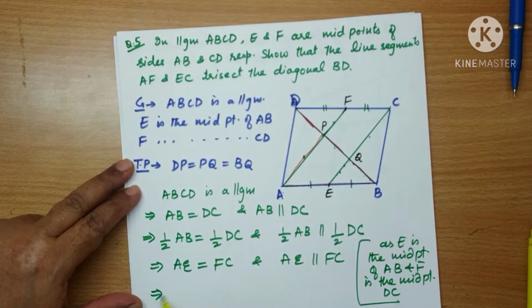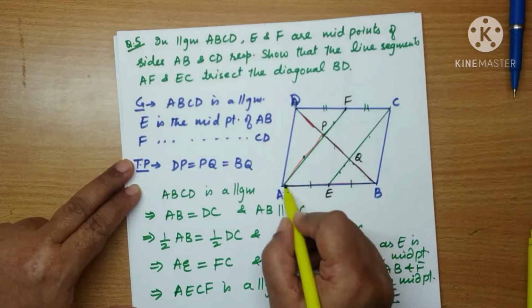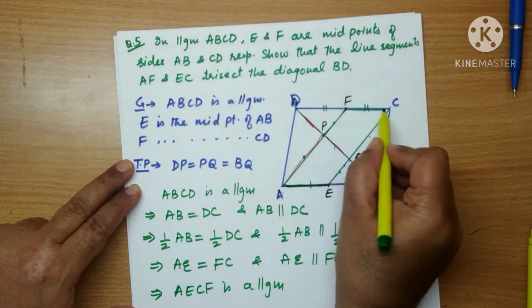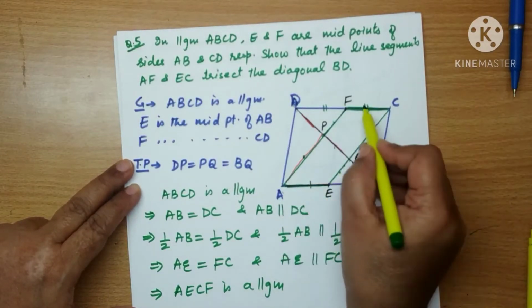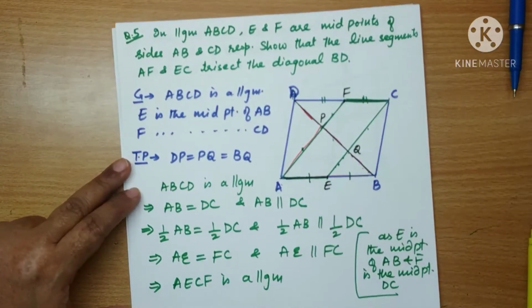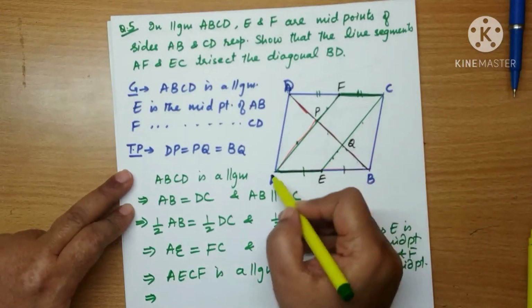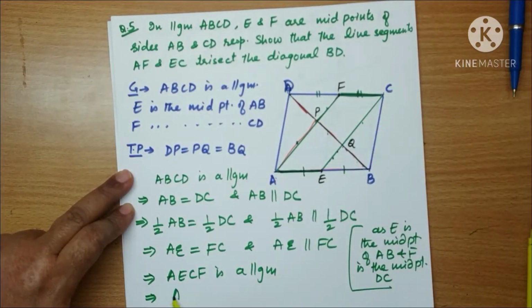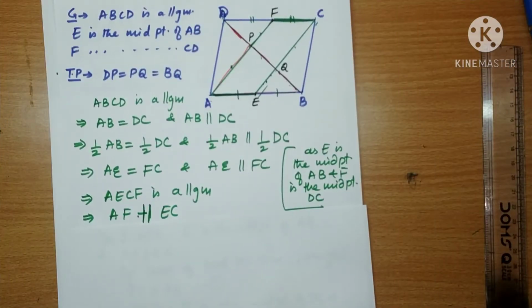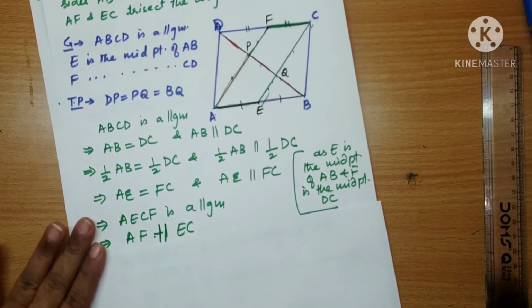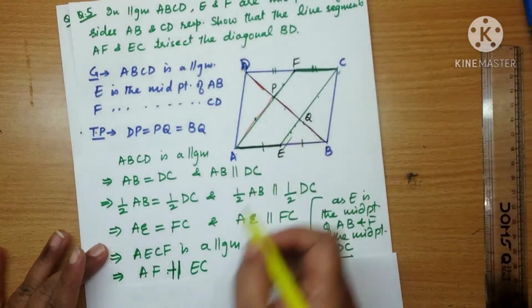So this implies AECF is a parallelogram because we have this set of opposite sides equal and parallel. So it's a parallelogram. If it's a parallelogram, the opposite sides will be parallel. So can I conclude that AF is parallel to EC? Now AF is parallel to EC. This is what we were looking for.